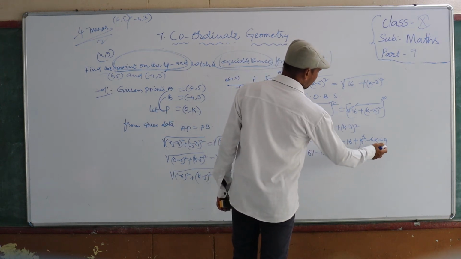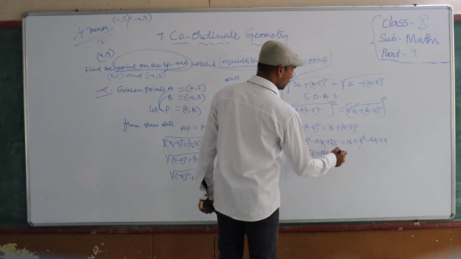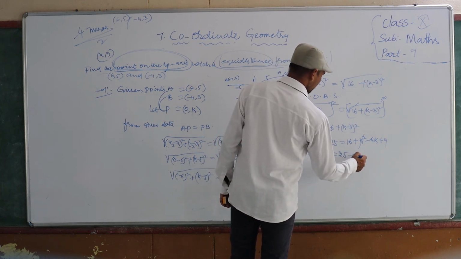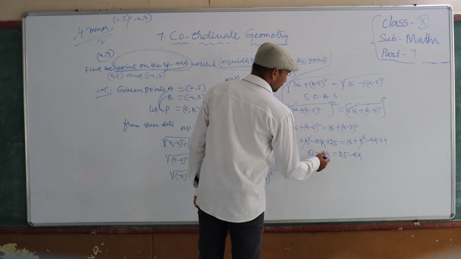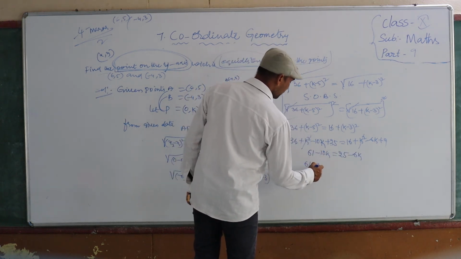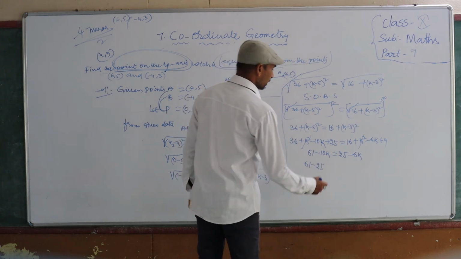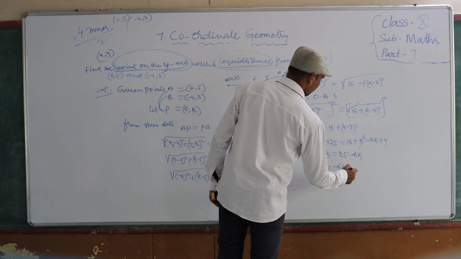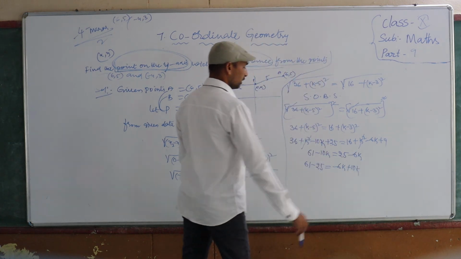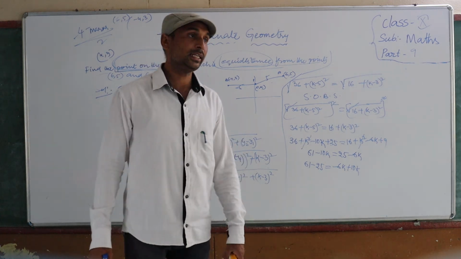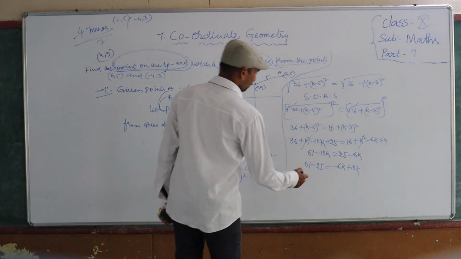Then 16 plus 9 is 25, minus 6k. Then transposing: 61 minus 25 equals minus 6k plus 10k. 61 minus 25 is 36.